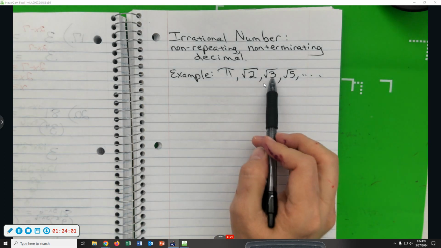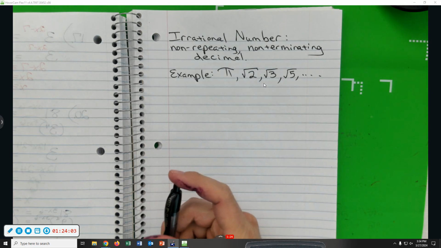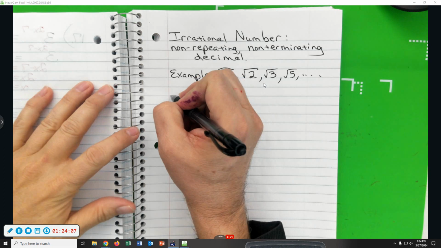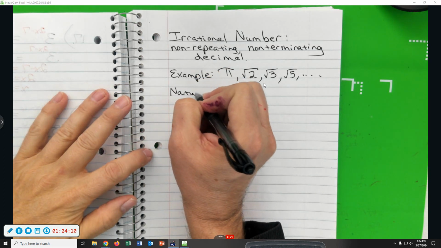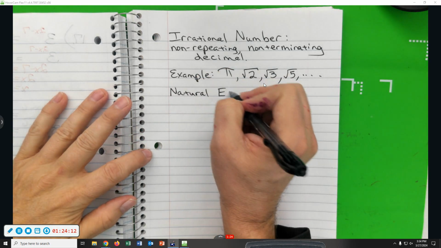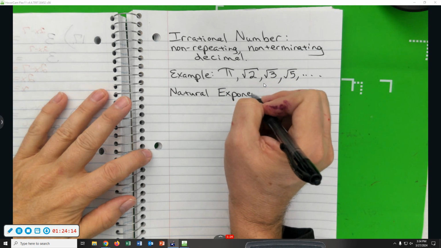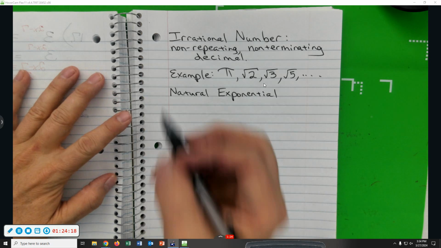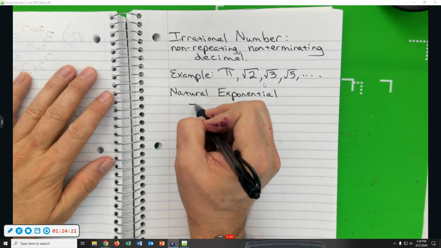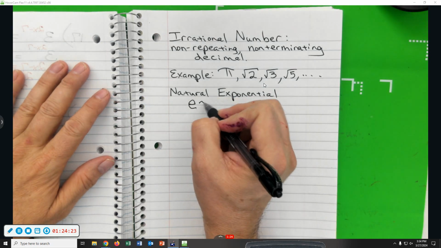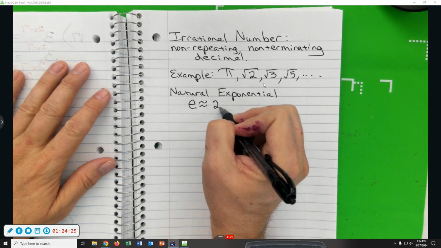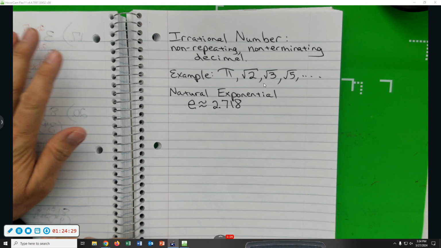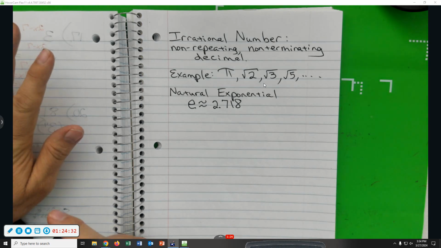Notice the way we're using symbols. There's a new irrational number that I need to mention here. It's called the natural exponential. The natural exponential is denoted using a lowercase letter e, and it's approximately 2.718281828, and then it changes.